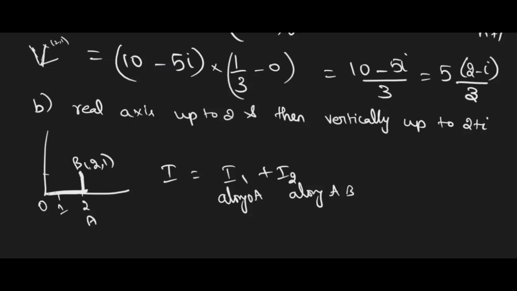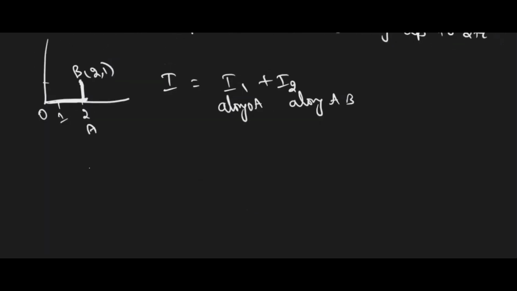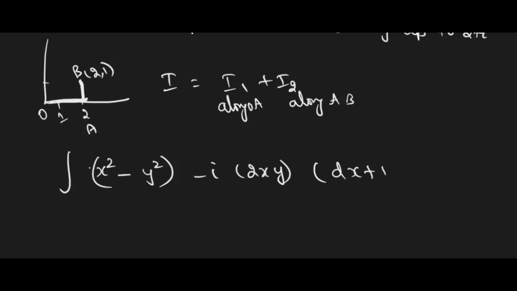I am going to integrate the same function, the integral of x square minus y square minus i into 2xy into dz, where dz is dx plus i dy.